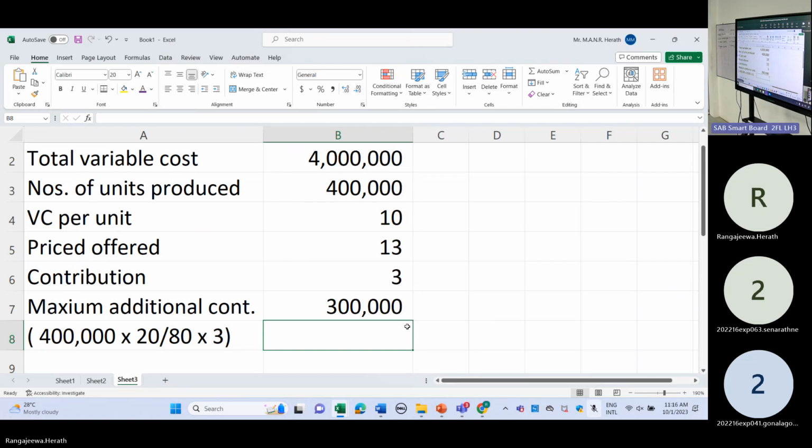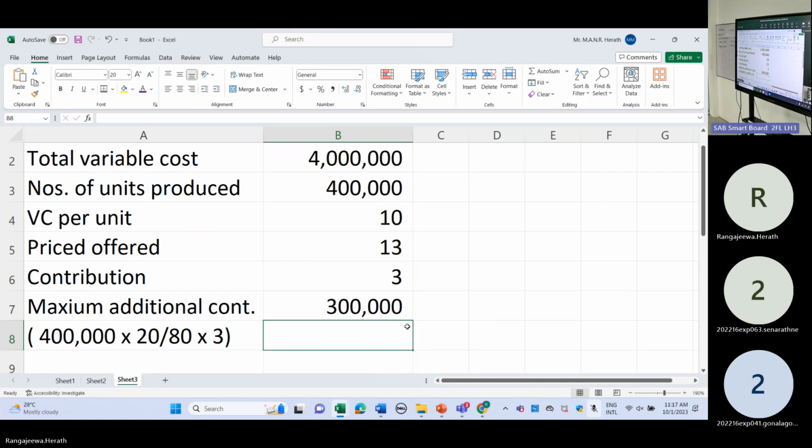So there is no direct opportunity cost from the production side, because we are not allocating any of the resources allocated for existing production. So 3 rupee contribution for 100,000 units we can produce. The maximum additional contribution we can obtain by implementing this decision is 300,000.